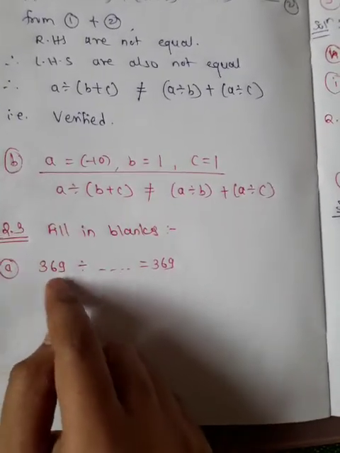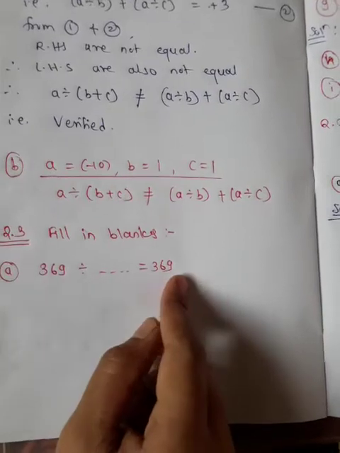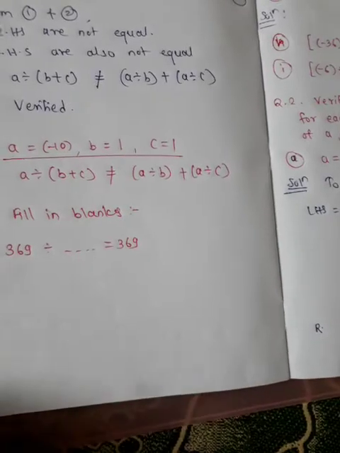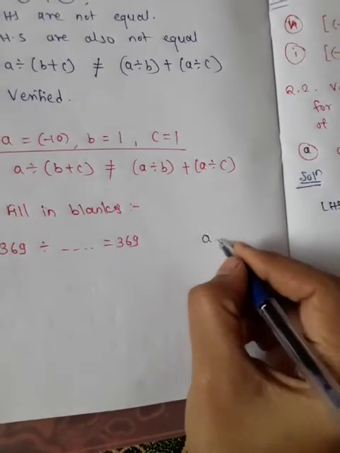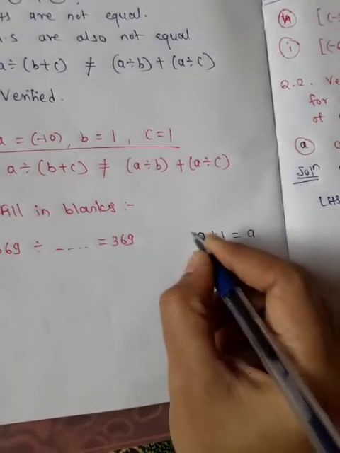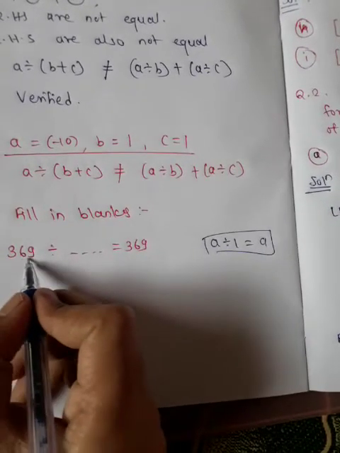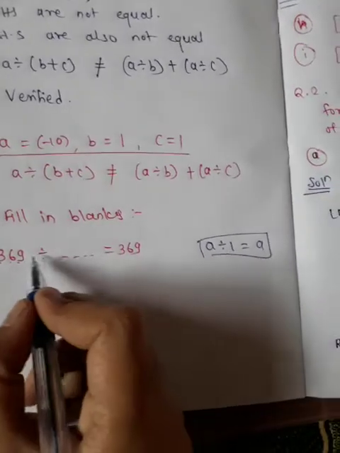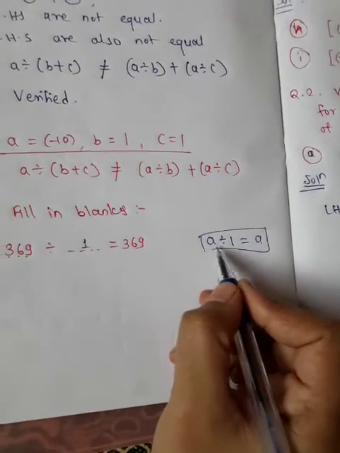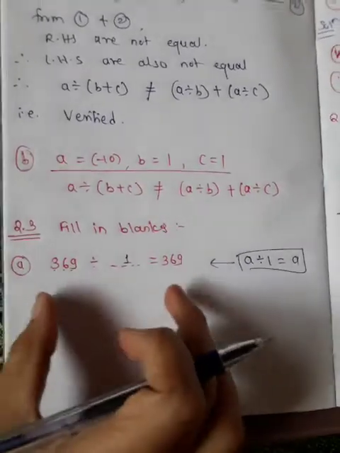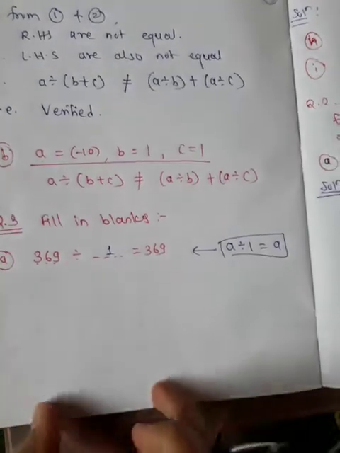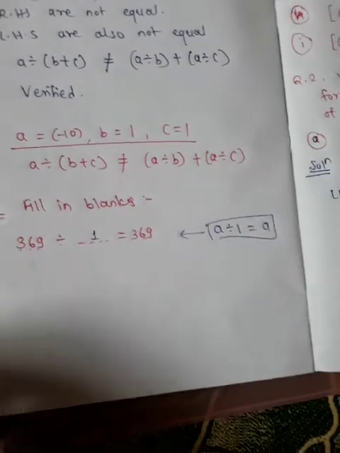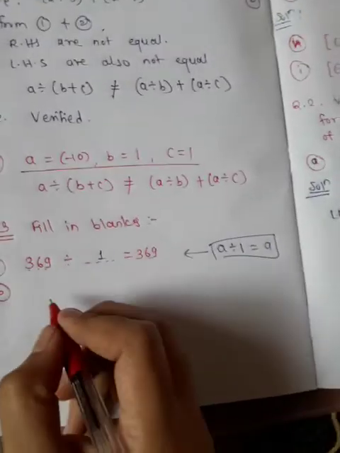So here 369 divided by dot dot dot gives 369, meaning you have to decide which property we have to use. We know that when we divide any integer by 1 it gives the same integer, and here 369 divided by something gives 369, meaning we have to divide 369 by 1 by this property. You have to fill in the blanks by using only properties, not by calculation.